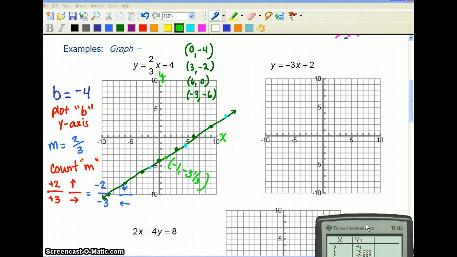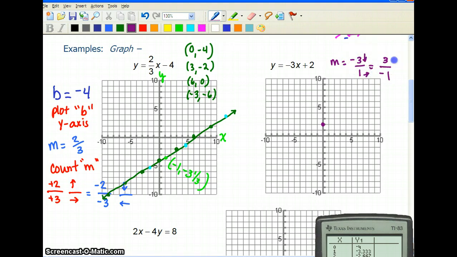It's faster to do it on paper first. So we know that b is 2, so we want to start at up 2. That's our starting point. Our slope is -3, so a lot of people go -3 over 1, okay? Which is the same thing as 3 over -1. If we do it this way, we're going to go down and right.